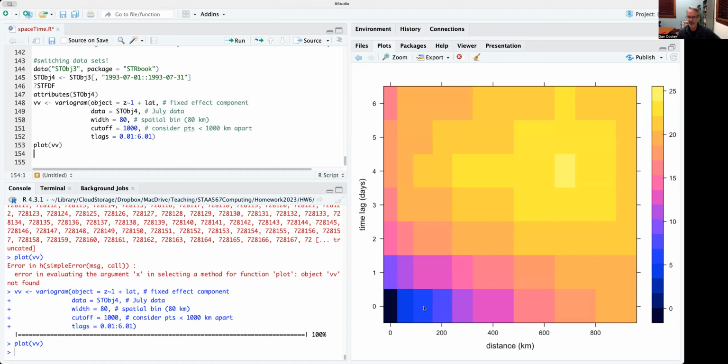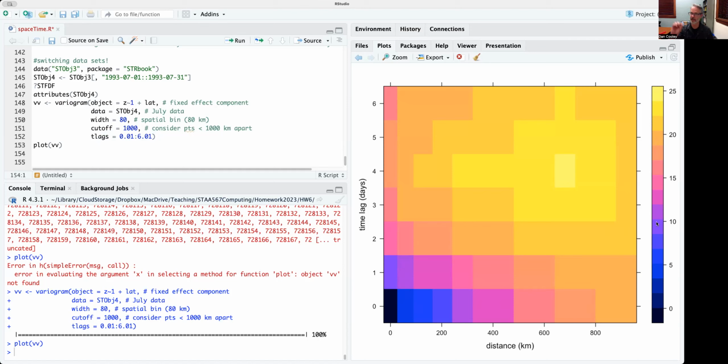Down here at spatial distance 0 and time lag 0, we're getting basically an estimate of 0. We are seeing things increase with spatial distance at time lag 0, and then at time lag 1, we're already seeing quite a difference. At spatial lag 0, temporal lag 1, on average the squared difference between the Z values is about 10.